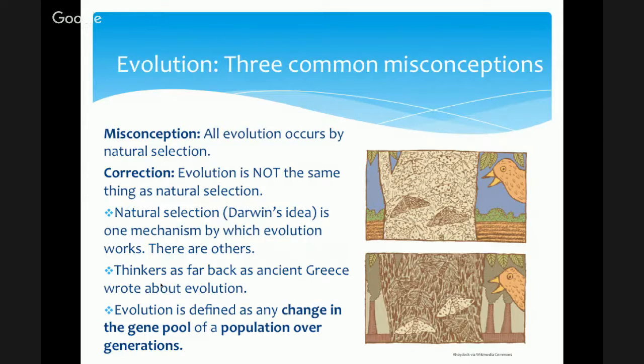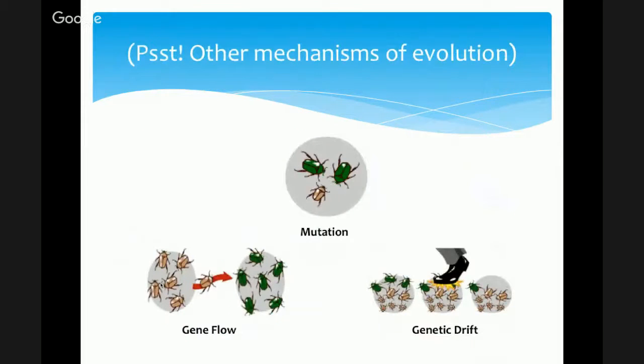Evolution is any change in a gene pool of a population over generations, and it happens in more ways than just natural selection. If you need a refresher, we're going to talk about some resources where you can learn, where you can remind yourself. And actually, even if you don't think you're teaching these in your classroom, I guarantee you are, because they sneak into examples. They're a big part of, for example, the Galapagos finch story.